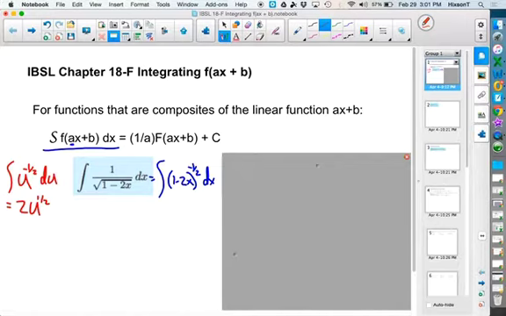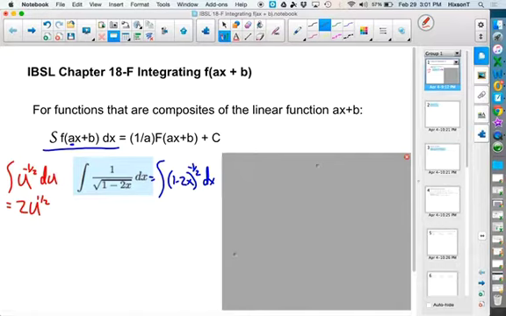Is this for every single time? Is the problem in the blue box just an example? Yeah, it's not a model for everything. This is just an example where here's our basic function, something to the negative 1/2 power. So that's what we're thinking about.